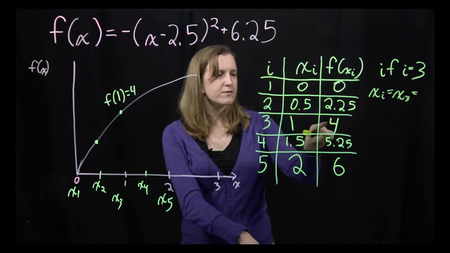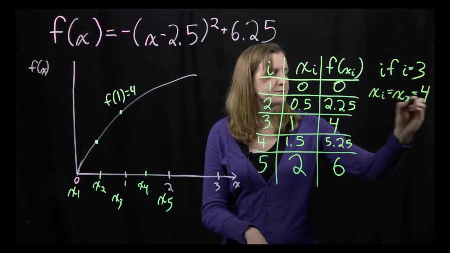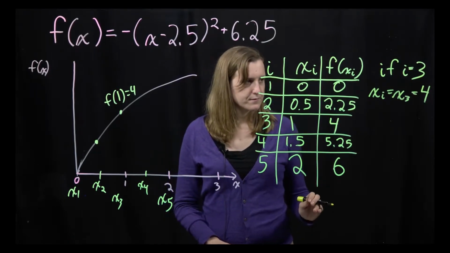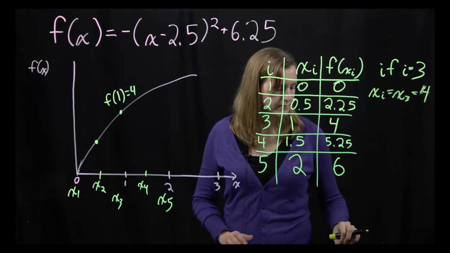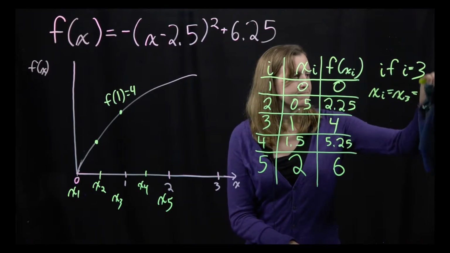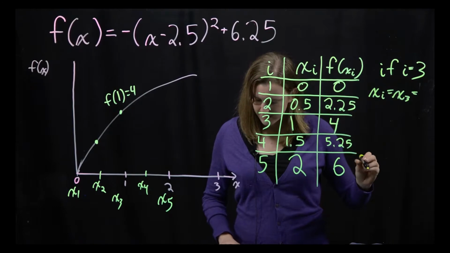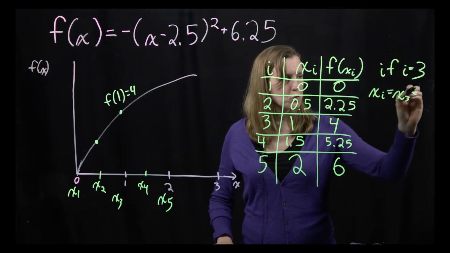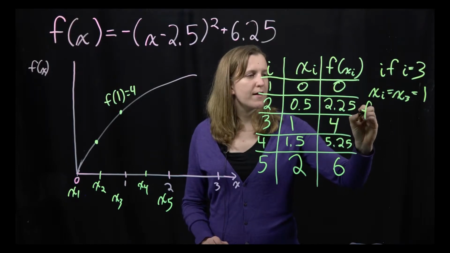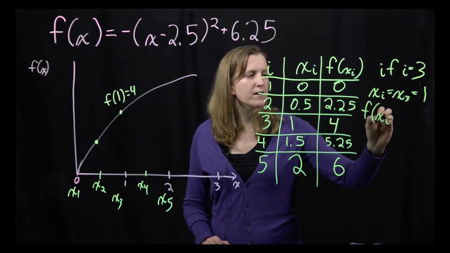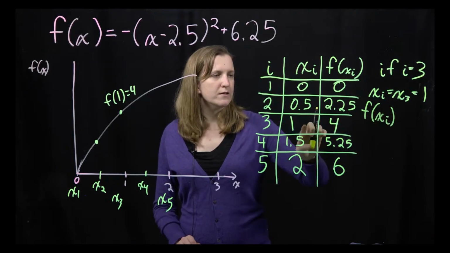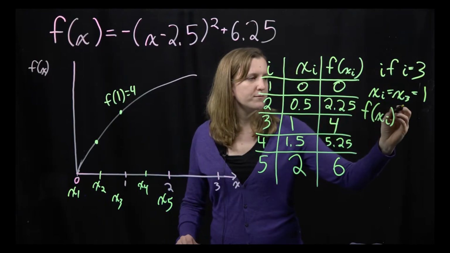And from our table, this is just equal to 4. That's not equal to 4, that is equal to 1. We can also refer to f at xi. This is just the value of the function at x3, so this is just equal to 4.